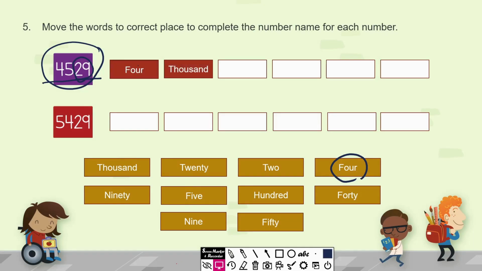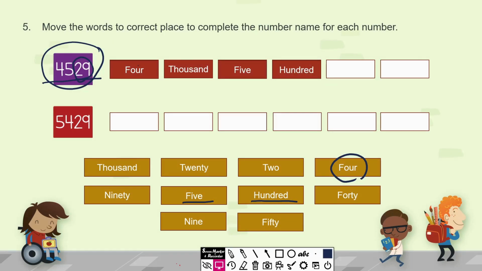4,000. Very good. Now we need to search for 5. Where is 5? Here it is. Let's put it after 1,000. 4,005. And what is this? 5 is at hundreds place. So we'll write 100 after 5, right? 4,500.